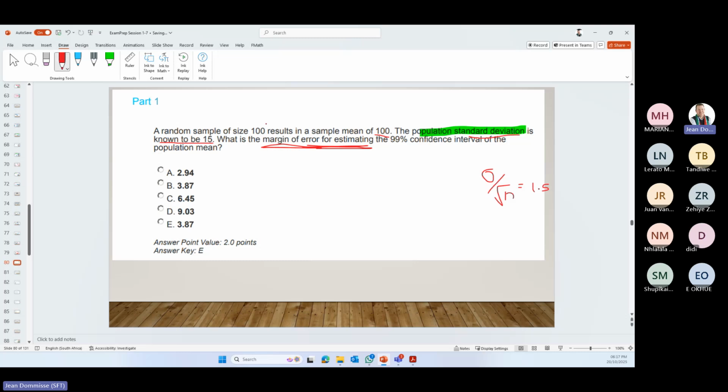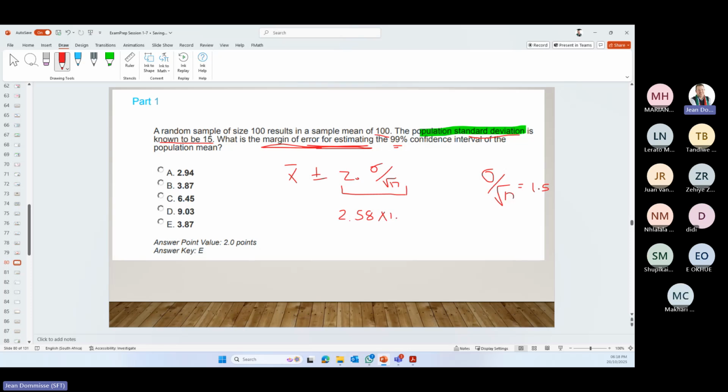So the margin of error, with this formula, is that component that you add or minus from your mean. The 99% confidence interval is 2.58 times that 1.5 that we now have.